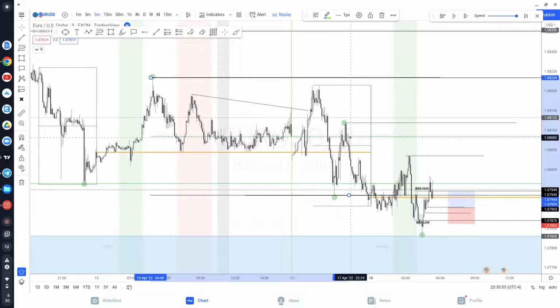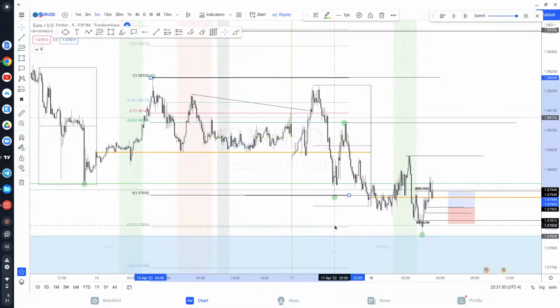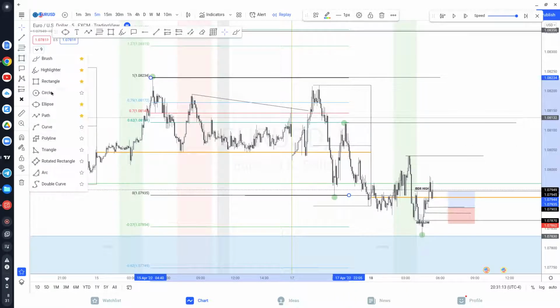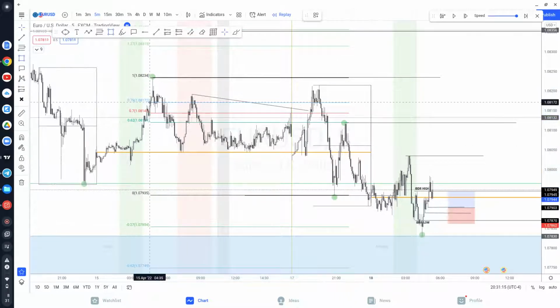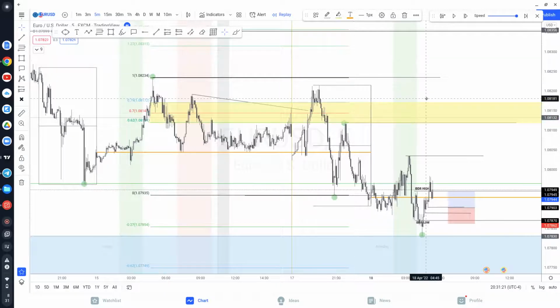At that point, we're just reaching the equilibrium price, and if we take that, then we see 62% is just above. So when we think about OTE, optimal trade entry, OTE is relative to this little block of price here, right?